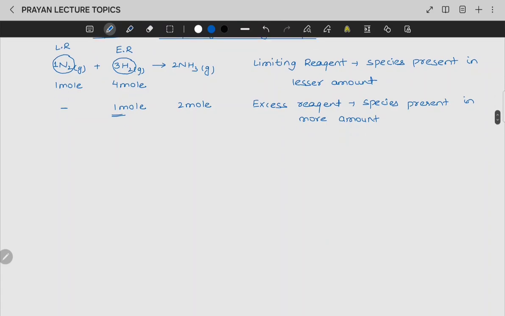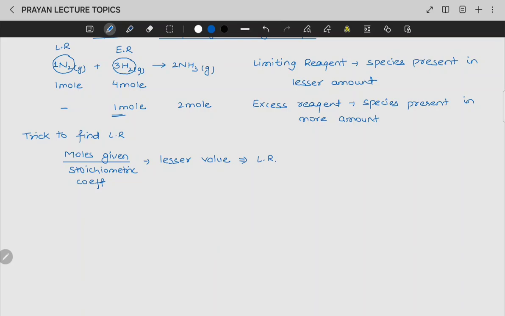Now there is a simple trick to find the limiting reagent. What you have to do is find the ratio of moles given upon the stoichiometric coefficient, and the component which has the lesser value of this ratio will be our limiting reagent.